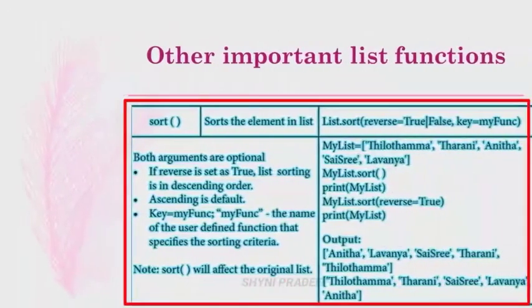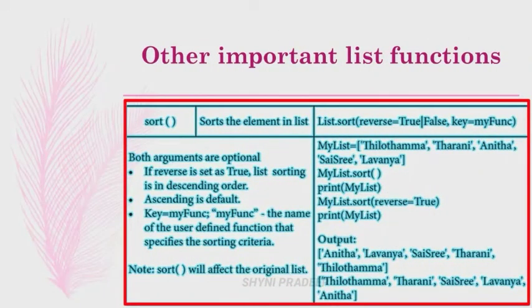And next, the sort function, which sorts the elements in the list. Its syntax is list.sort(reverse=True or False, key=myfunc). Here True and False are the arguments. These are optional arguments. If reverse is set to True, the list is sorted in descending order.